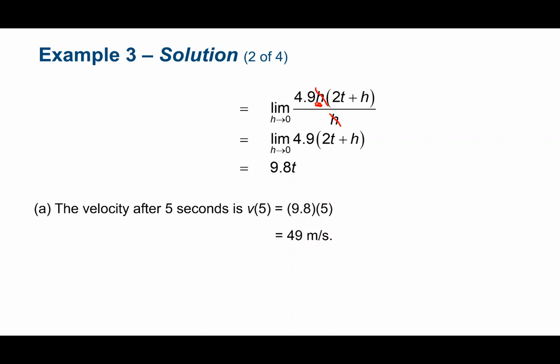And then we can use direct substitution. We just plug in 0 for h, so we have 4.9 times 2t, which is 9.8t. On this particular one, it wanted the velocity at time 5, so t equals 5. We just plug in the 5 for t. 9.8 times 5 gives us 49.